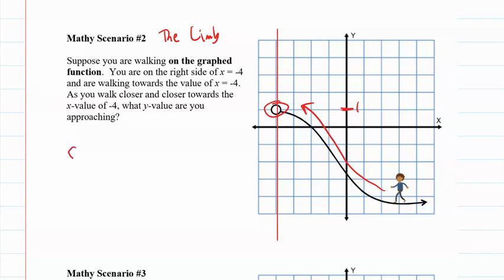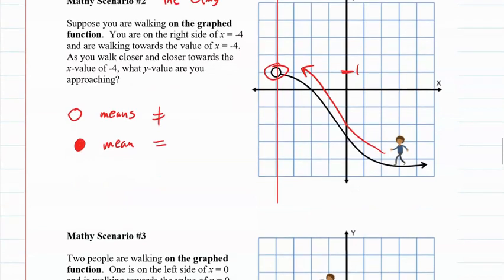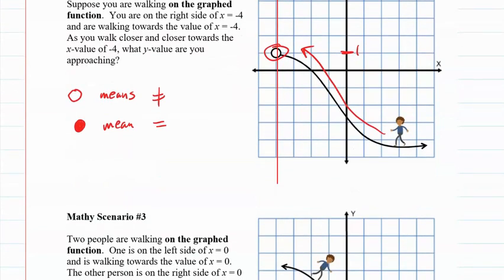Now, they're never going to get there because, remember, an open circle means not equal to, whereas a closed circle would mean equal to. So they're getting closer and closer to 1, but they're never going to get to 1 because that value doesn't exist on the graph.